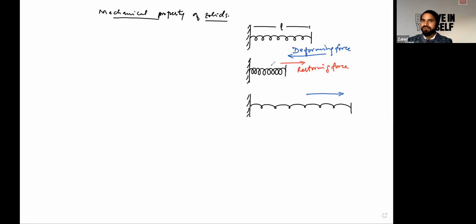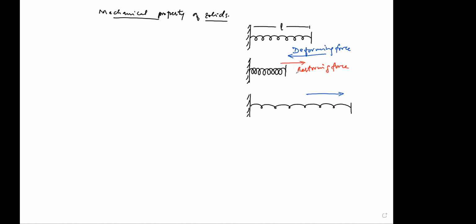So this tendency of a spring by which a force gets induced into it, which will tend to bring this spring back to its original state, is called elasticity. Is it clear?